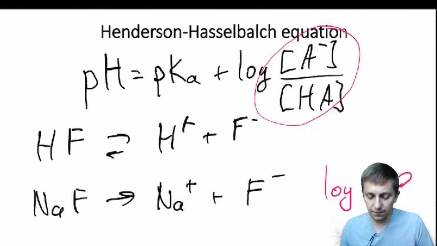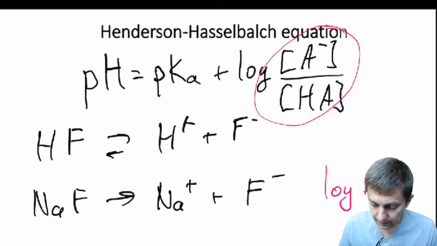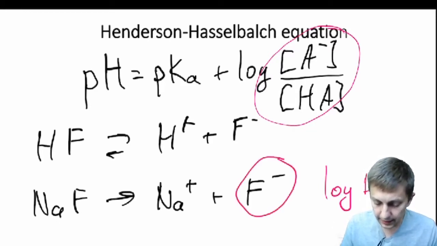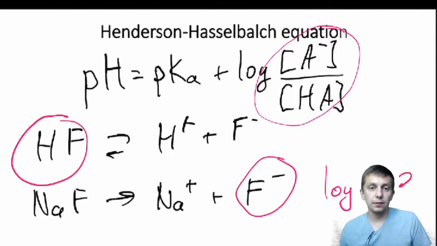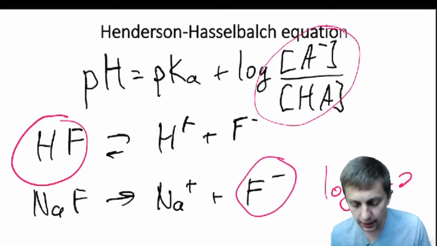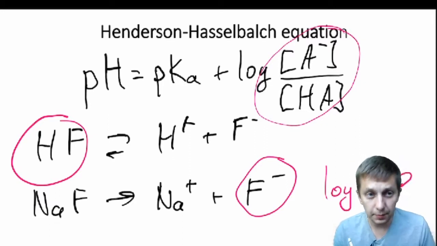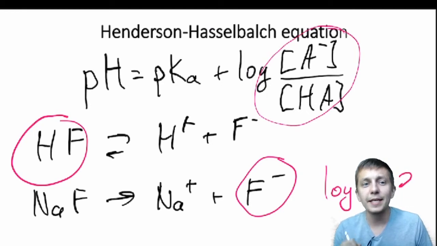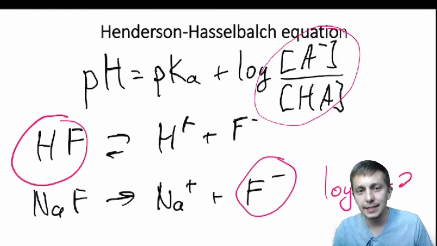So if the concentration of fluoride equals the concentration of HF, pH will be exactly pKa. Even if you forget the equation, what's very important is that pH equals pKa if the concentration of weak acid equals the concentration of conjugate base.